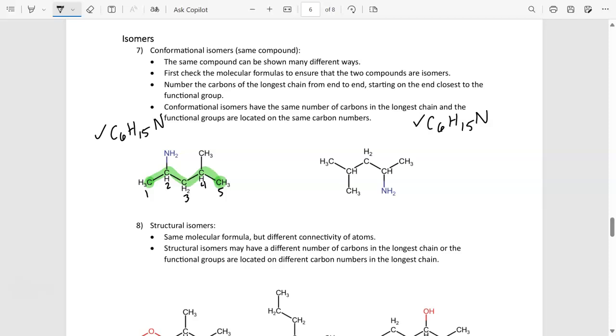In the second structure, I'm going to do the same thing. I'm going to grab my highlighter and start on the end that has that functional group, that nitrogen. Then I'm going to drag it without lifting up my pen and without backtracking, and catch the longest chain I can. And then I'm going to number the carbons starting on the side that has the functional group, which is the nitrogen.